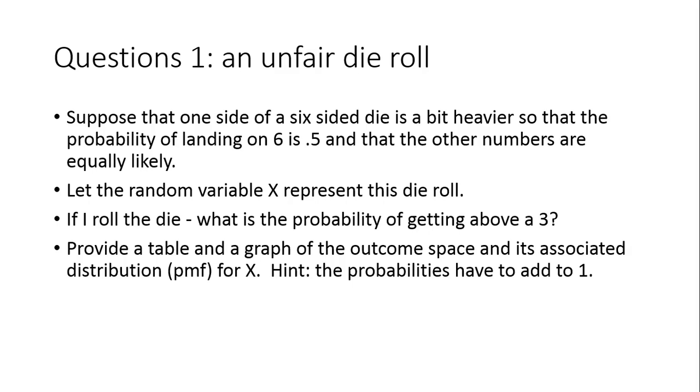Land on 6, and the other half will be the other numbers. So each one will have to be 0.1 probability. So getting above a 3: 4 has a 0.1 probability, 5 has a 0.1 probability, and 6 has a 0.5 probability. So getting above a 3 will be 0.7.